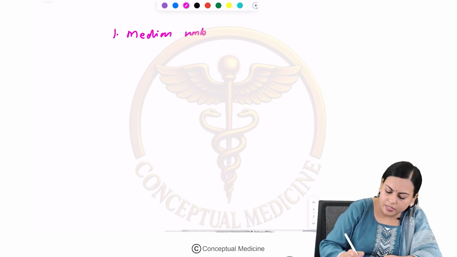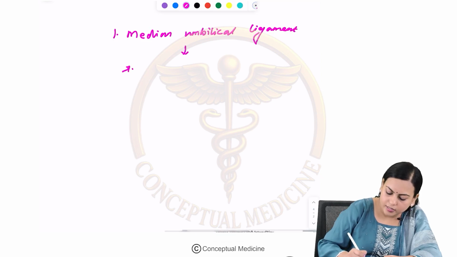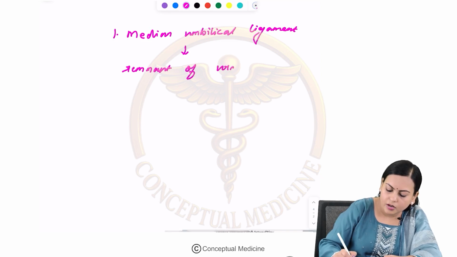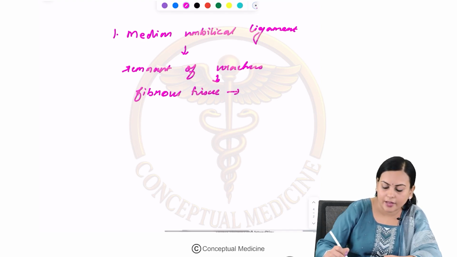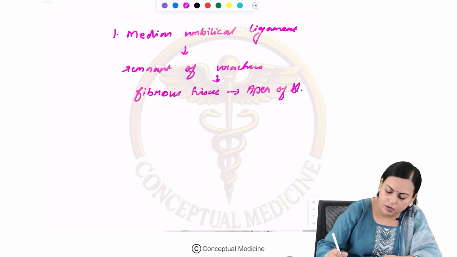Number 1 is the median umbilical ligament, which is a remnant of urachus. This urachus is a fibrous tissue that is seen in fetal life extending from the apex of bladder to the umbilicus.